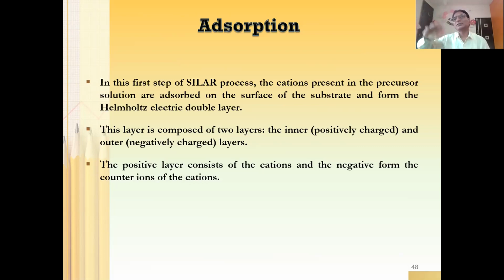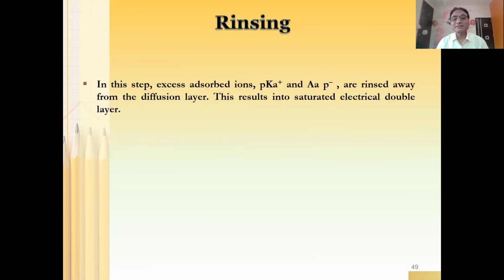It means you need to remove those. The positive layer consists of cations and the negative layer forms the counter ions of the cations. In this step, the excess adsorbed ions and cations are rinsed away from the diffusion layer.